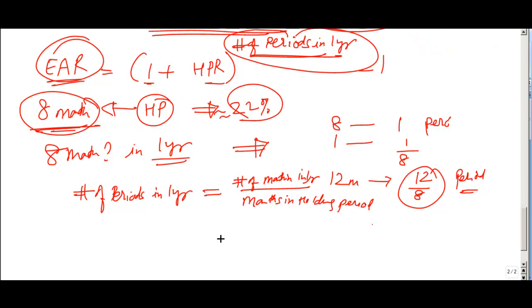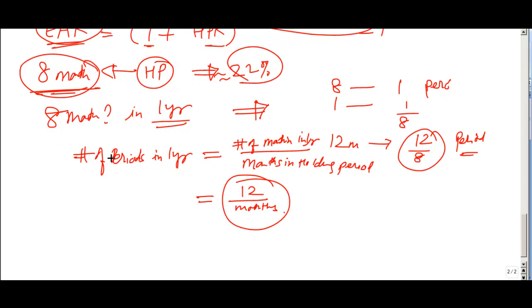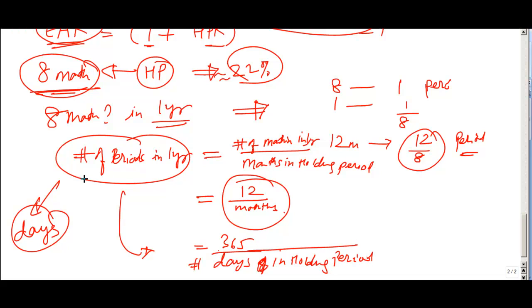Now if the holding period is in days, then you would use 365 divided by the number of days in the holding period. That would be your formula for the number of periods in 1 year.